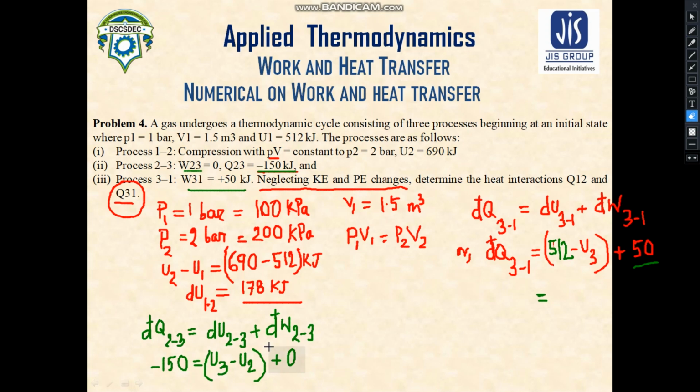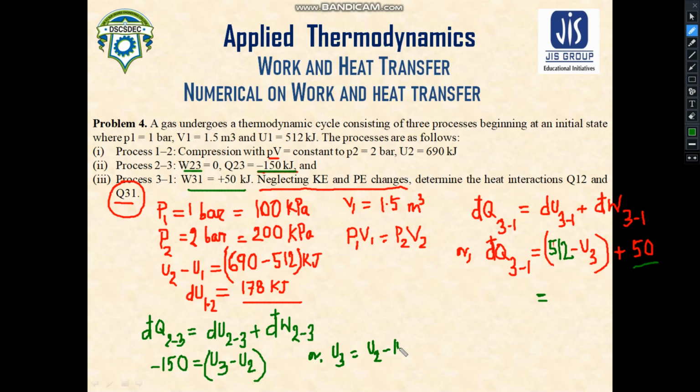So let us remove it because it is not going to help in our calculations. So if our equation is U3 minus U2 is equal to minus 150, then we can easily find that U3 will be equal to U2 minus 150.